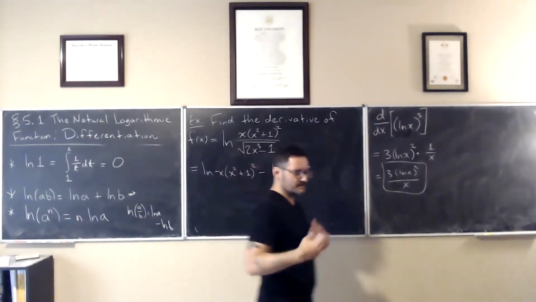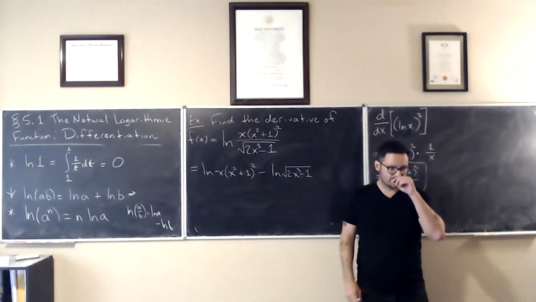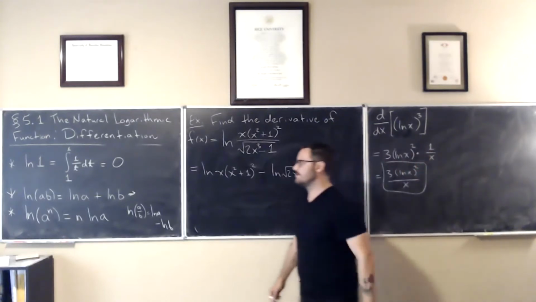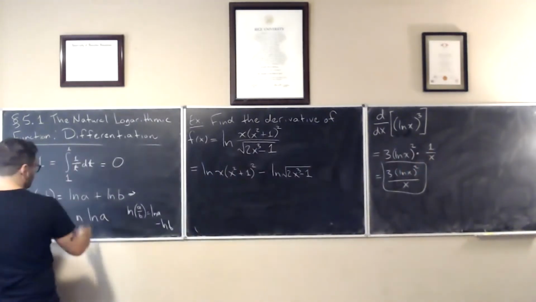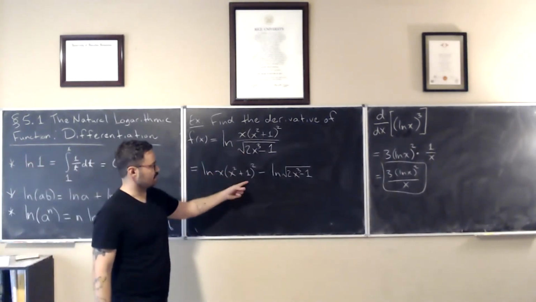The natural log of a quotient, of a ratio, is the difference of the natural logs. And this rule, the product rule, implies the quotient rule. So that goes there.